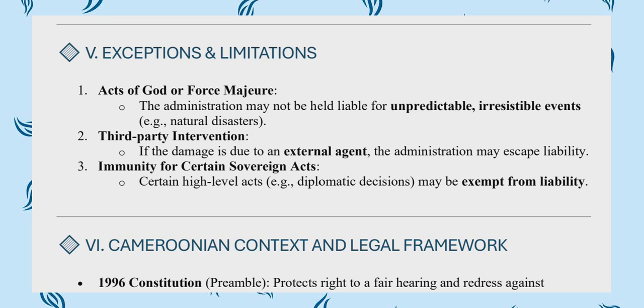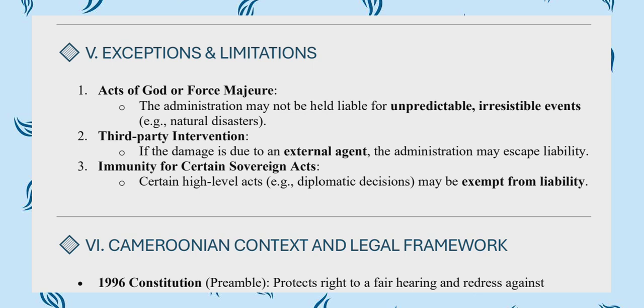For example, the administration cannot be held liable for unpredictable circumstances or things that cannot be reversed, like natural disasters. A mountain has erupted and then you want to hold the administration liable. Is the administration the one that caused the mountain to erupt? The answer is no. A flood has occurred in a particular place.